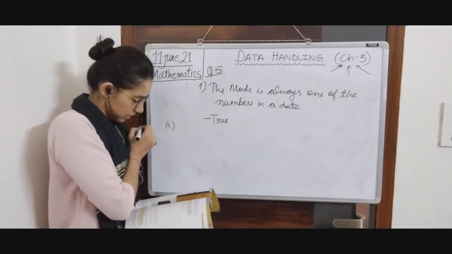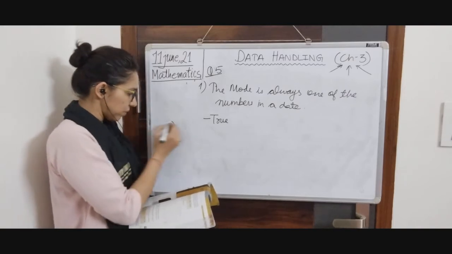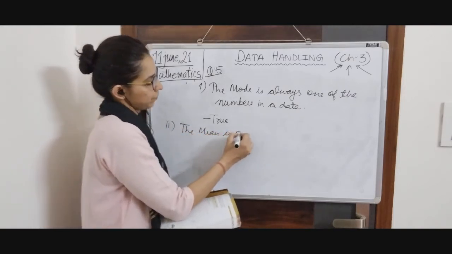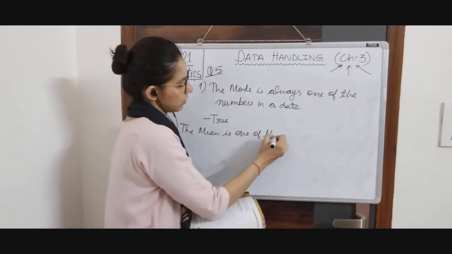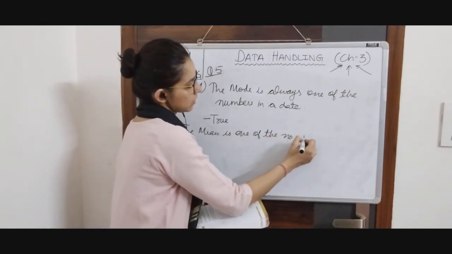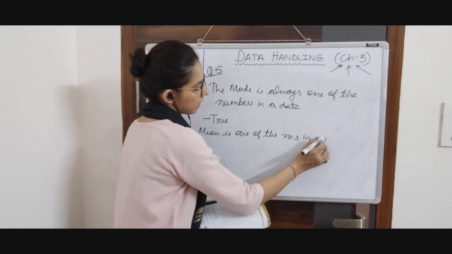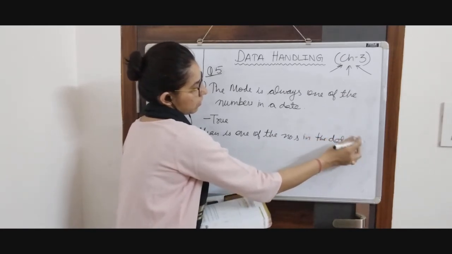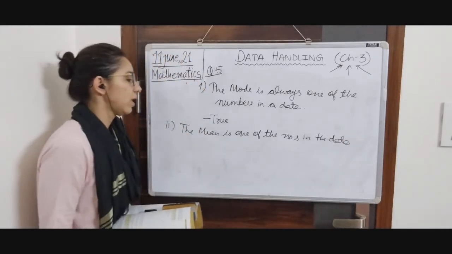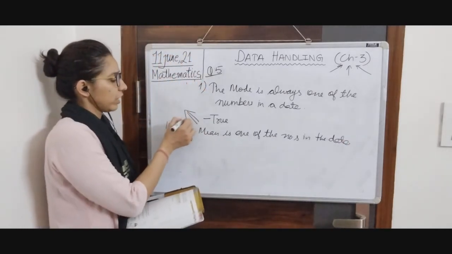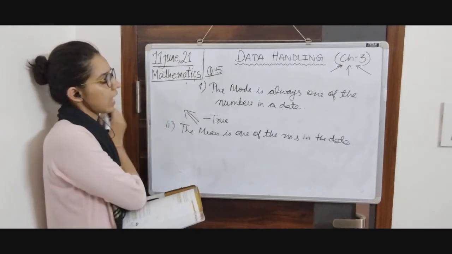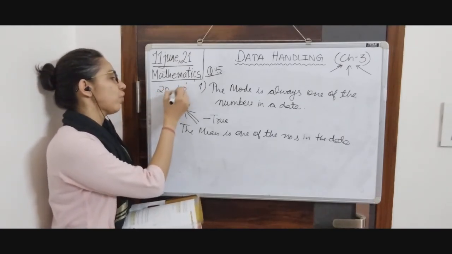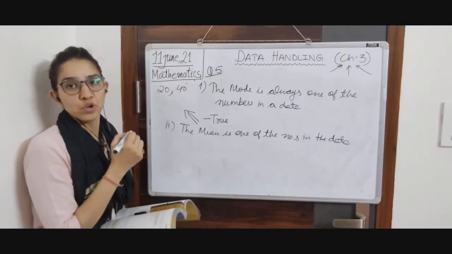Second one: the mean is one of the numbers in the data. Is it true or false? For this, I would like to take one example. We have two observations, 20 and 40. Number of observations is 2.